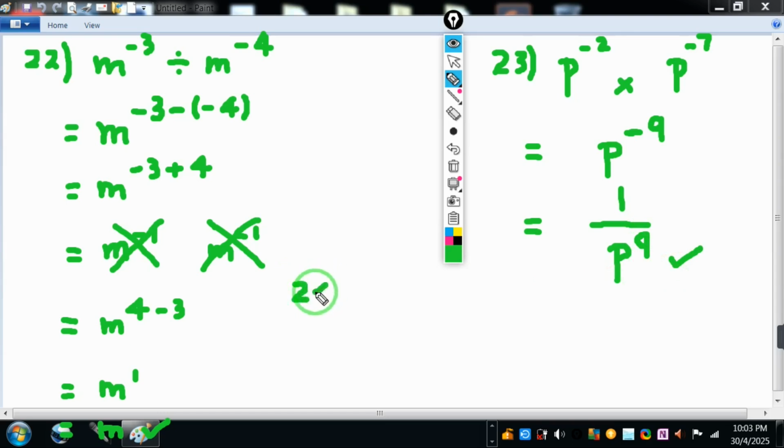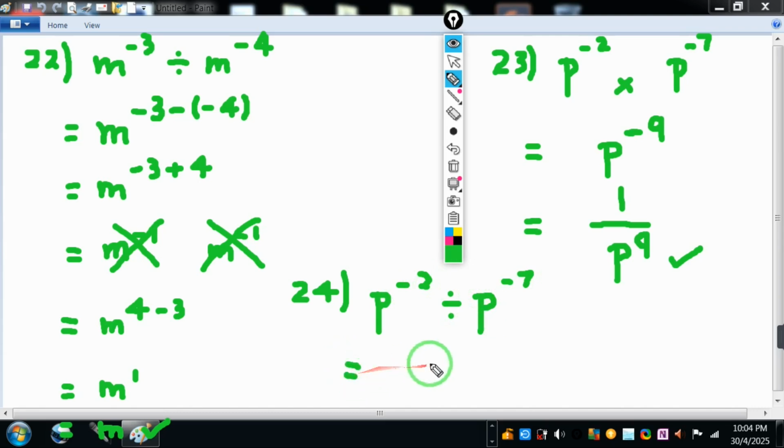Why not we do the subtraction. So this one will be p to the power of minus 2, and we have division, and we have p to the power of minus 7. And what will this give us?